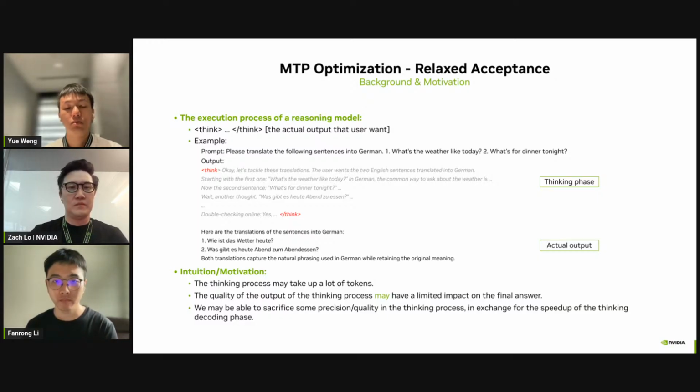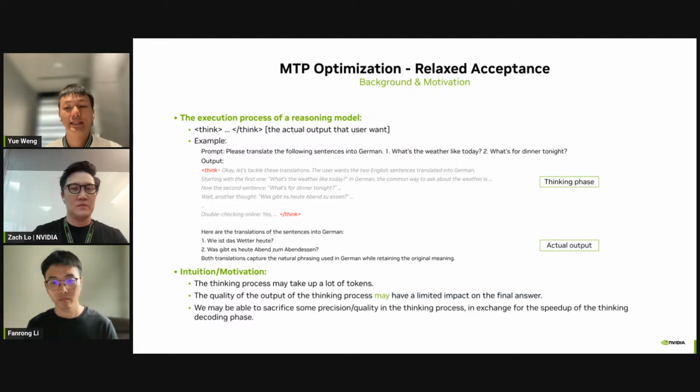We want the model to translate two sentences from English to German. We can see that there are two phases, the thinking phase and the actual output. During the thinking phase, these two sentences will be translated separately, including some grammatical requirements, and this will also be polished and modified. And finally, the output is made.